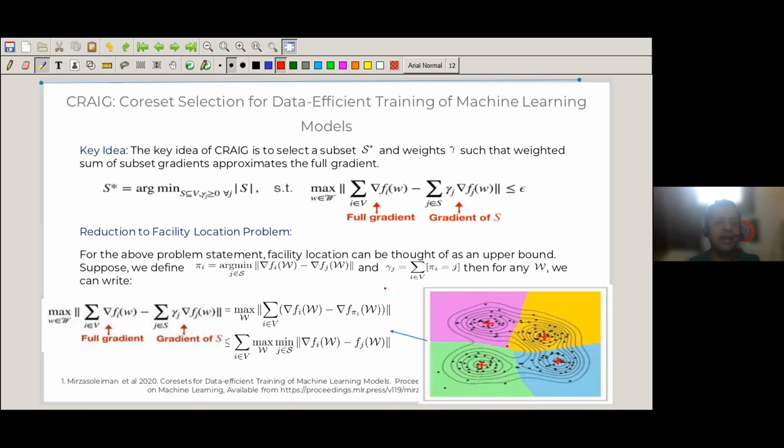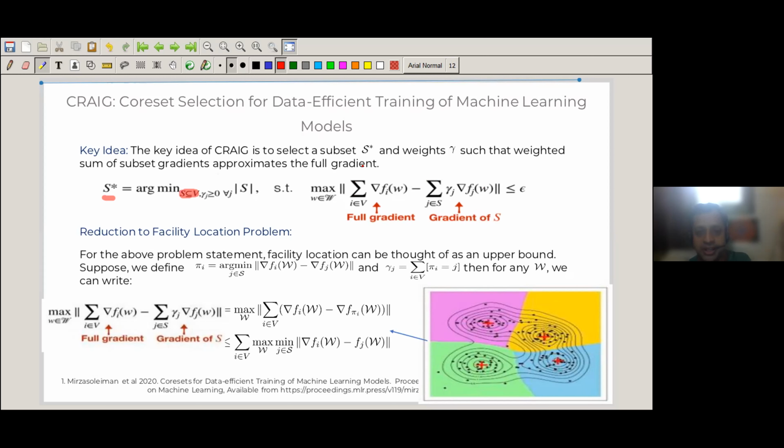So the idea behind Craig is that you want to identify a subset of the entire data set. Here, S star is a subset of the entire data set V. In what sense? Well, you're going to identify the subset that approximates the gradient of the entire data set.